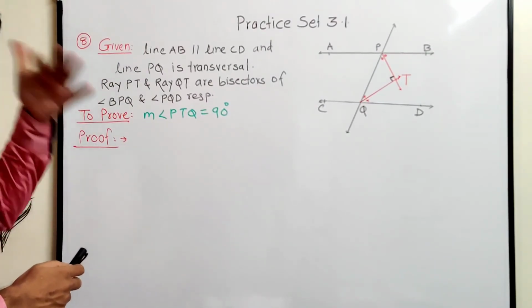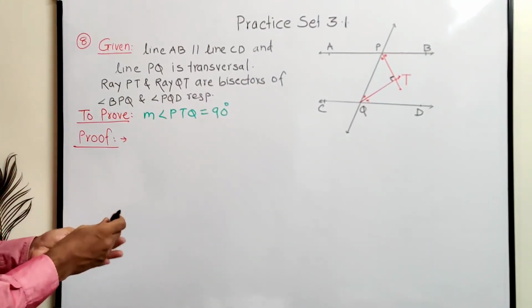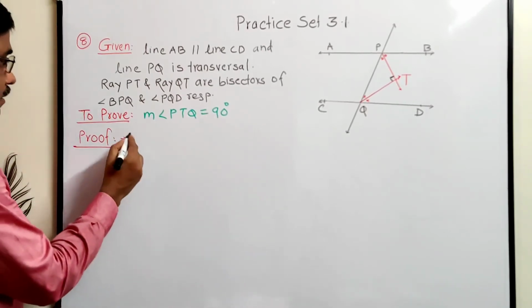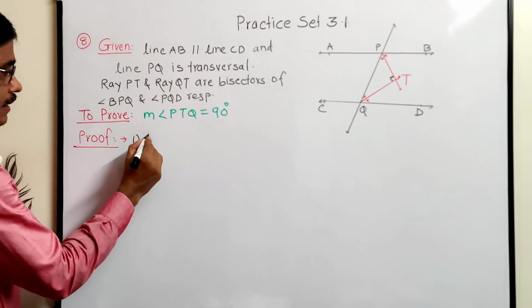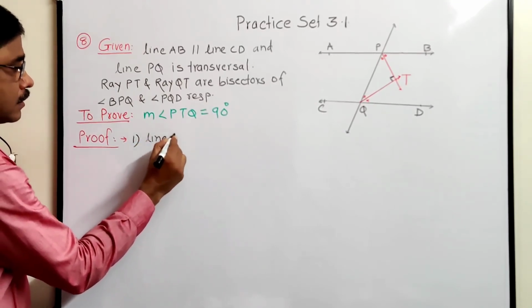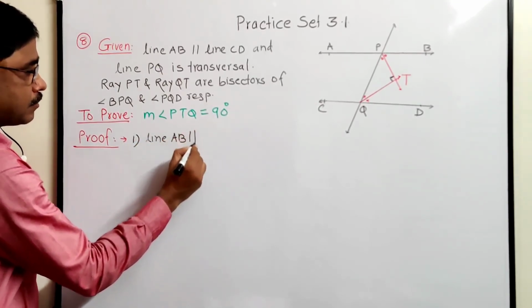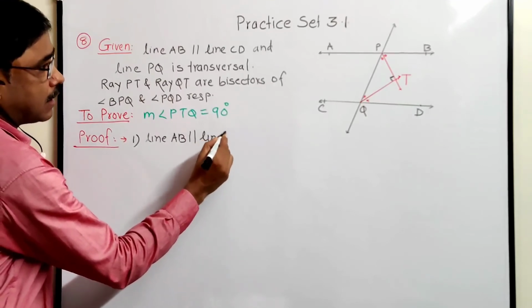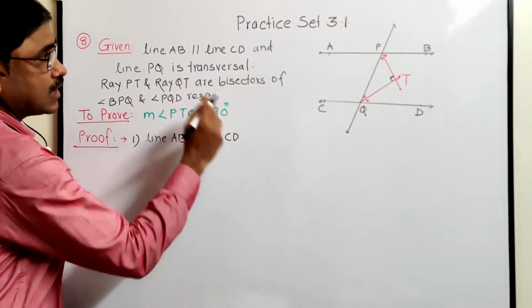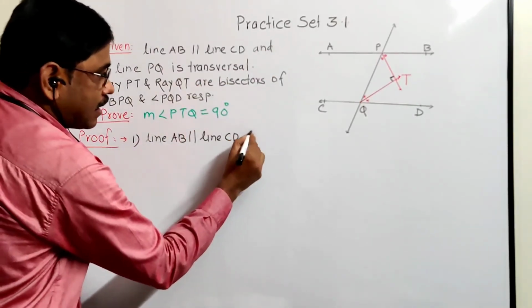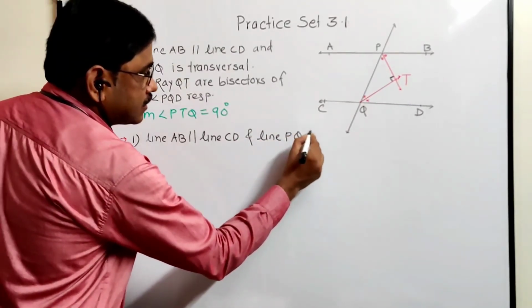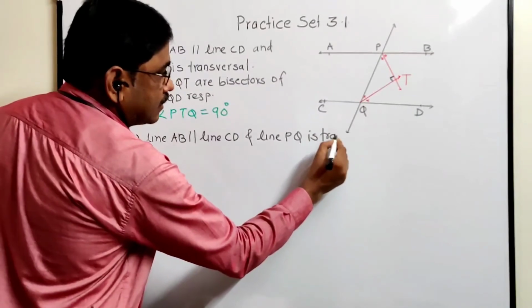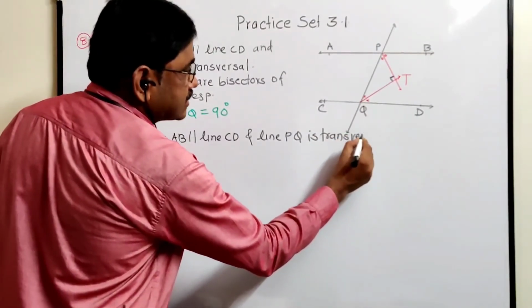Now our first point is, let us see, AB is parallel to CD, and line PQ is their transversal. That is given.